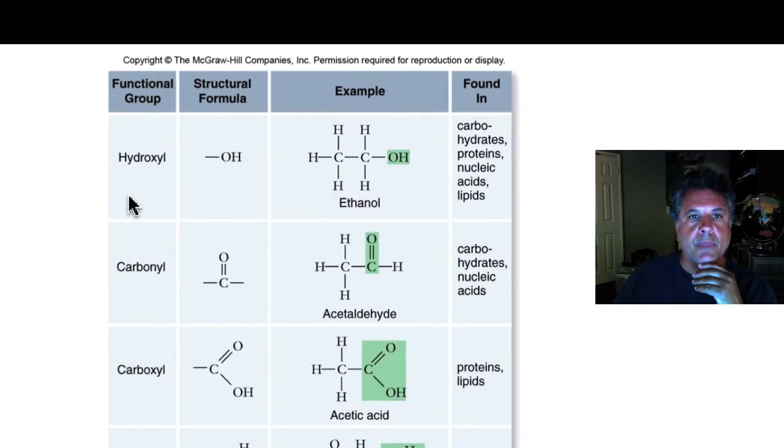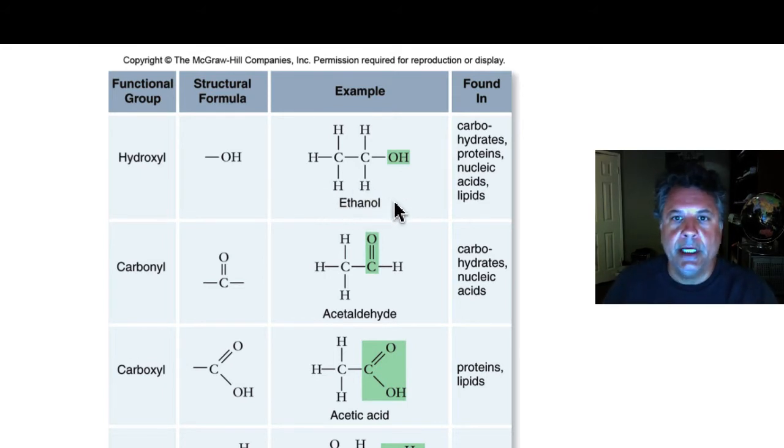So a hydroxyl group we will come across often. The structural formula for a hydroxyl group is just OH, and that O is bonded to something, usually a carbon, but it could be something else. And here's an example in ethanol, alcohol that we drink sometimes, some of us. Here's the OH group, and that OH group lends some polarity to ethanol.